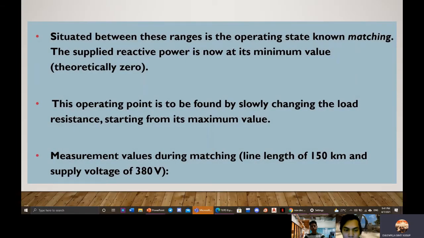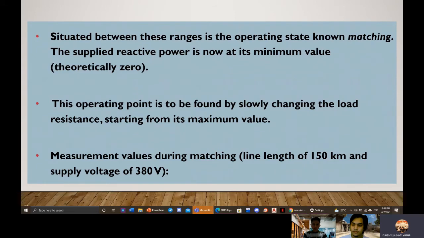So we can say that it is situated between this range in the operating state known as matching. The supplied reactive power is now at its minimum value, which theoretically is 0. This operating point is found by slowly changing the load resistance starting from its maximum value.